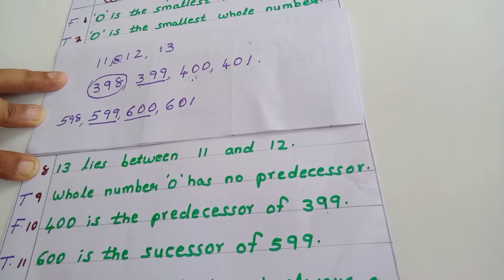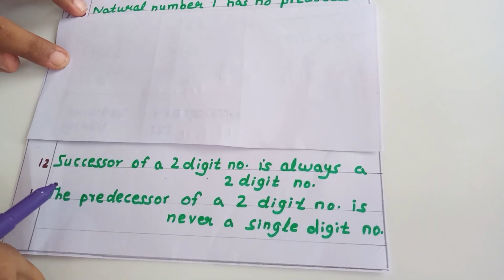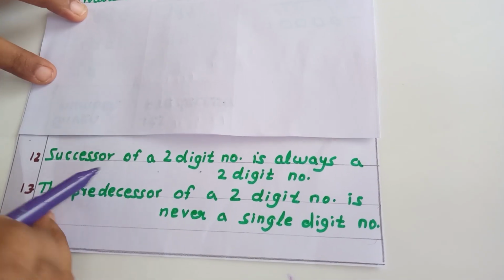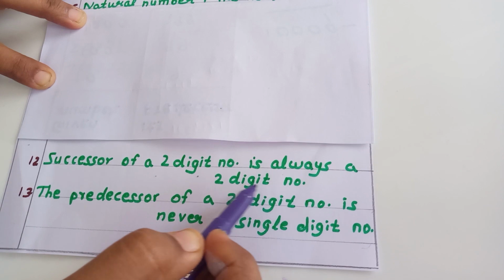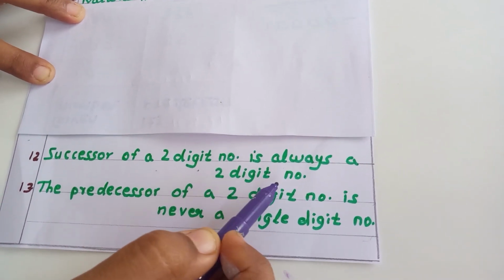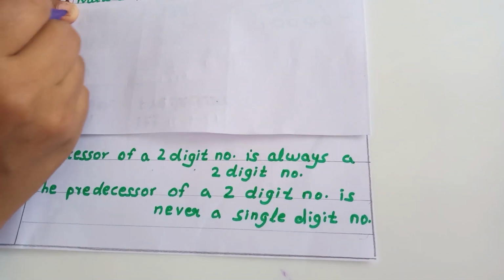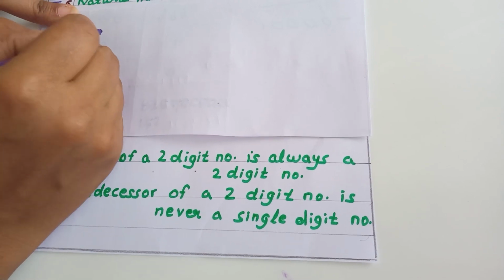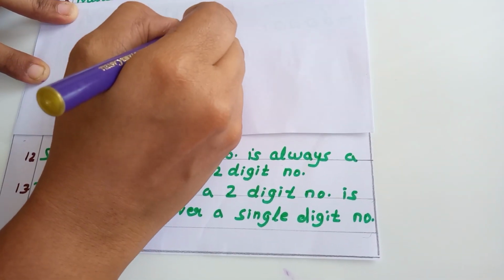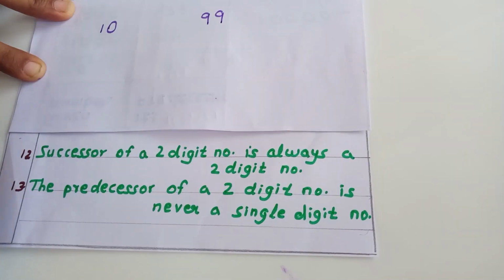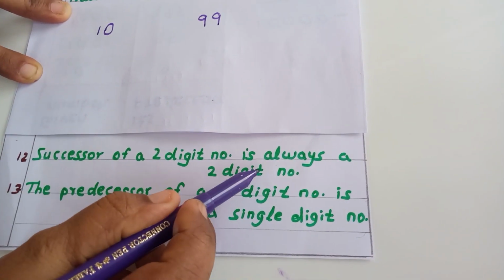So the statement is true. Next one: the successor of a 2-digit number is always a 2-digit number. Here we are dealing with 2-digit numbers. So first think of the least 2-digit number, that is 10, and the highest 2-digit number is 99, and just check the successor of each.